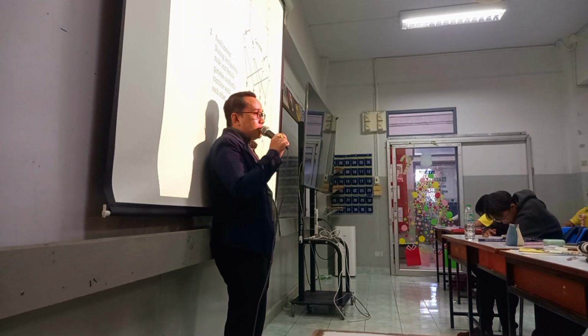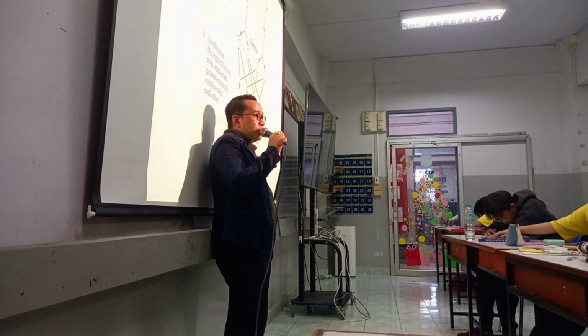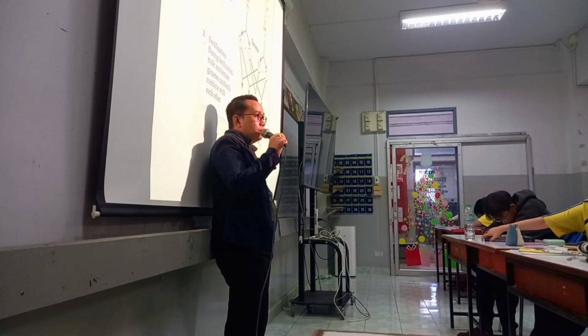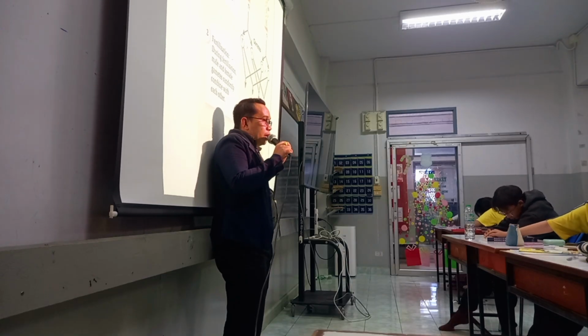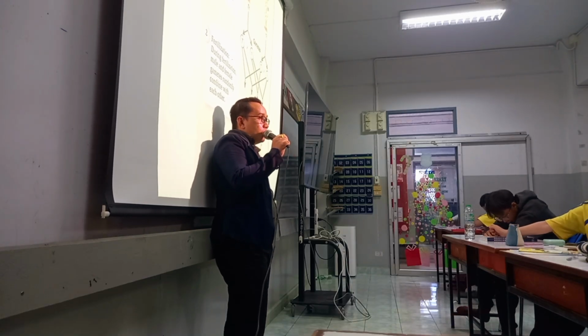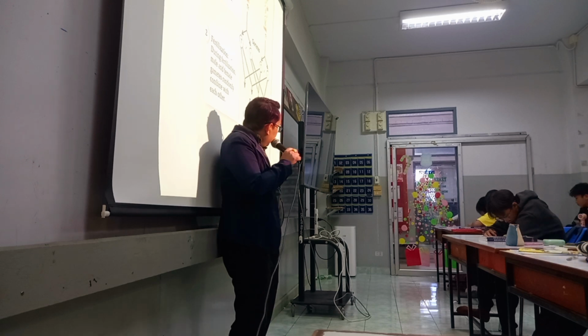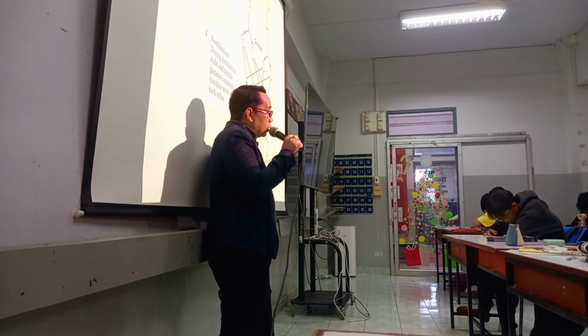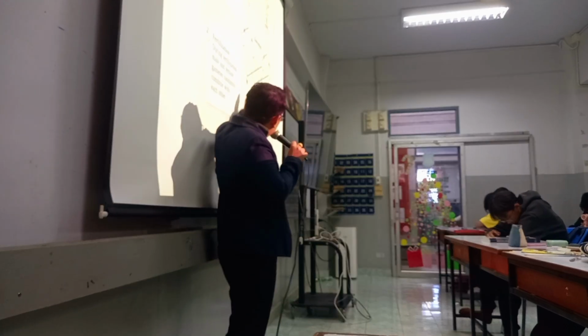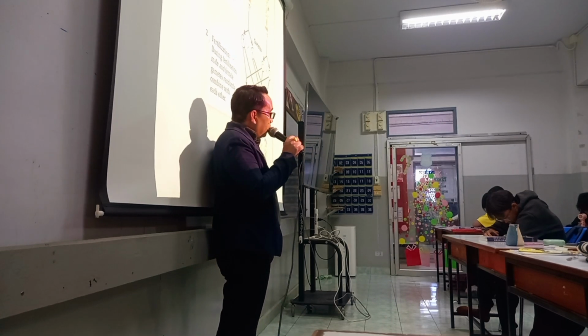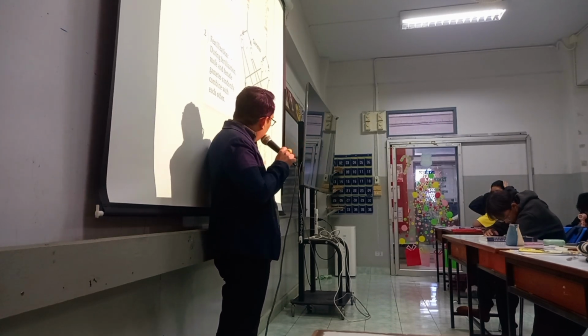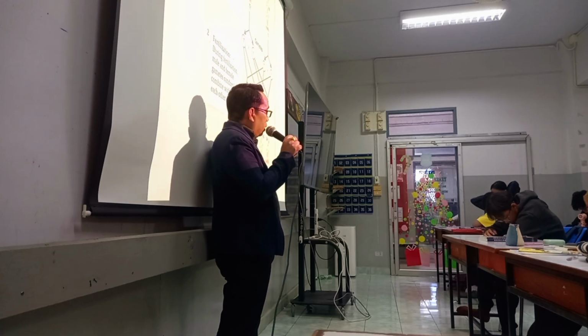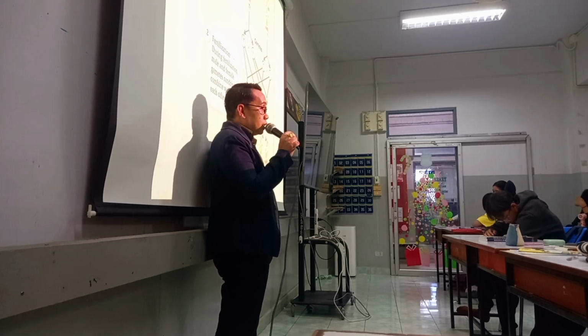Second offspring, heterozygous tall. Third offspring, heterozygous tall. Last offspring, homozygous recessive short. So these are the possible children that usually occur during this process.